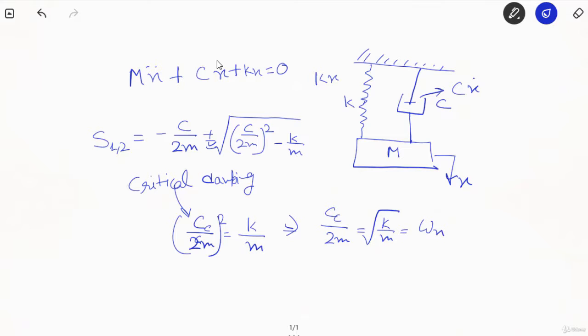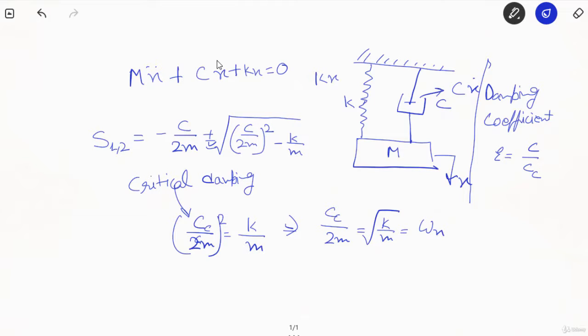Another dimensionless important term in this series is the damping coefficient, which is the ratio of c by cc, right? Which is damping to critical damping.